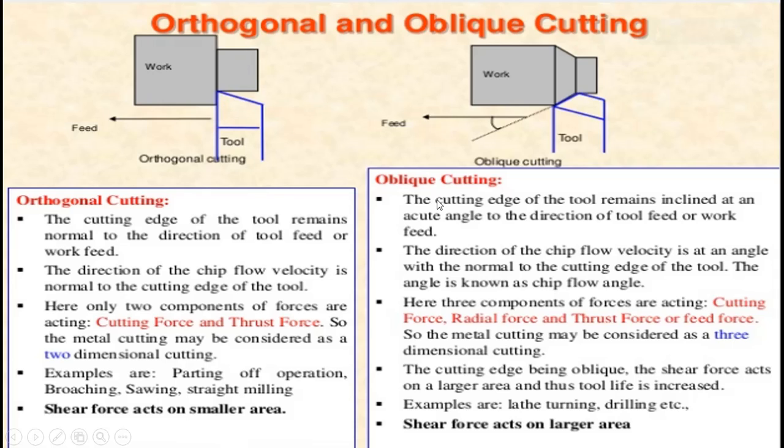Whereas in oblique cutting, the tool remains inclined at an acute angle. That is, an acute angle is formed between the direction of feed and the cutting edge of the tool.